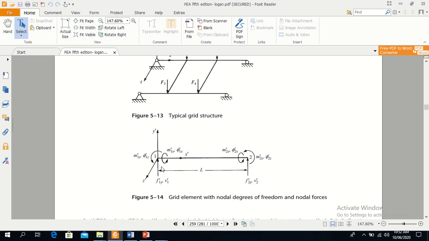The displacement is in the y direction, in which the force is acting, and there are two moments acting in the z direction and x direction. Similarly, on node 2 there are two moments and one displacement.